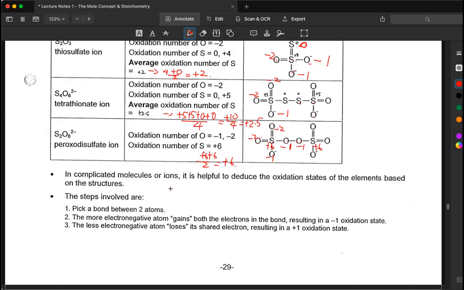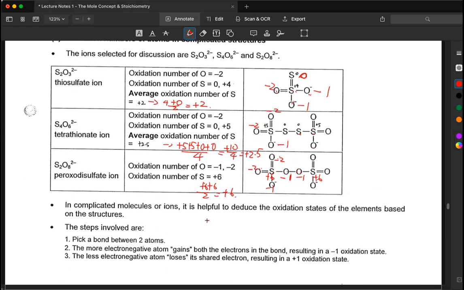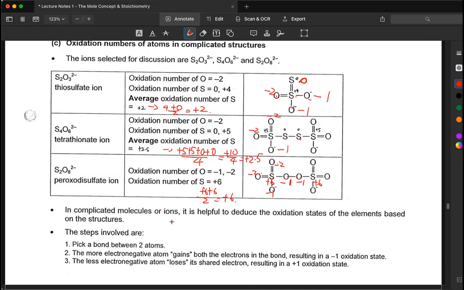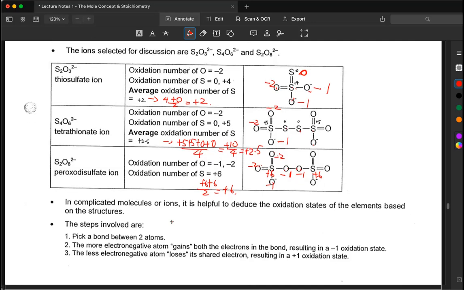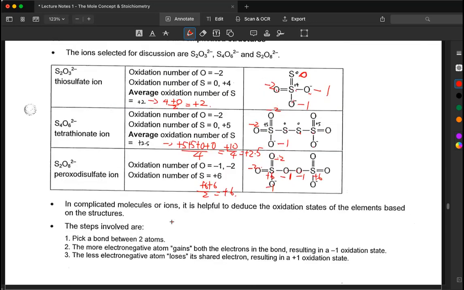So the trick to do this is you pick a bond between 2 atoms. The more electronegative atom will gain both the electrons, so it results in a -1 oxidation state. The less electronegative will lose its shared electron, resulting in a +1 oxidation state.